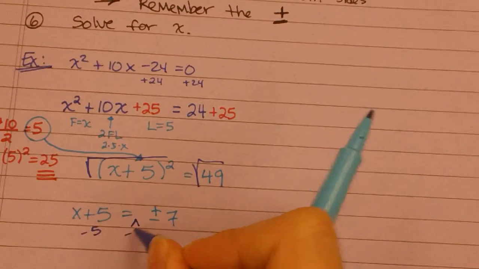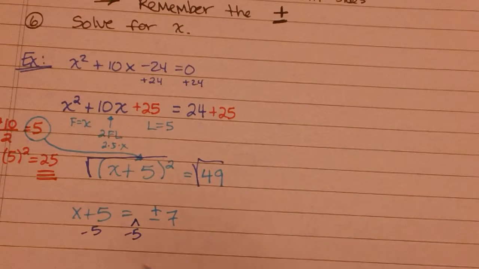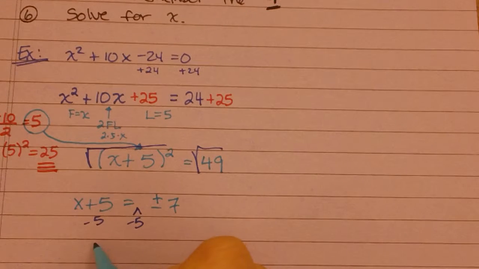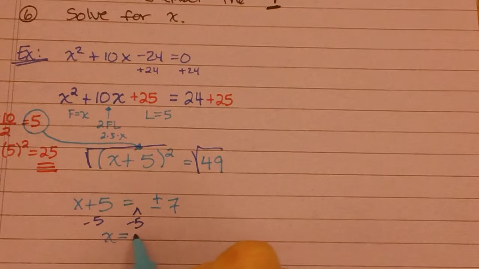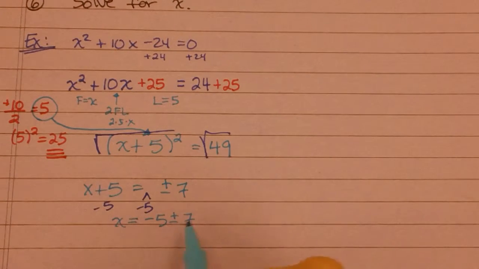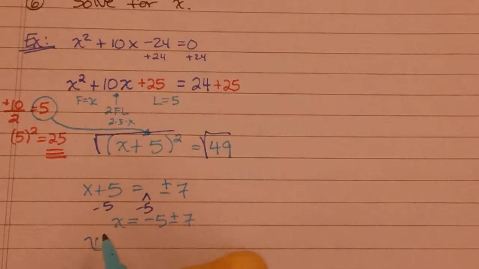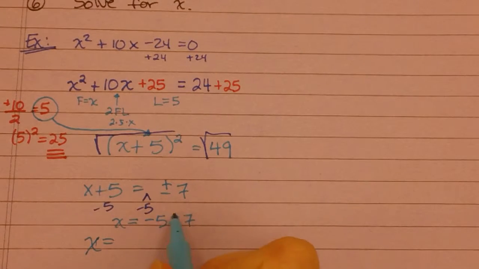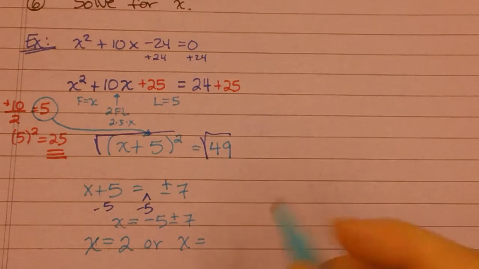Remember that that negative 5 goes in front of the plus minus. So we have x equals negative 5 plus or minus 7. And since we have like terms, we have to go ahead and finish those two problems. So we'll have x equals negative 5 plus 7 is 2, or x equals negative 5 minus 7, which is negative 12.